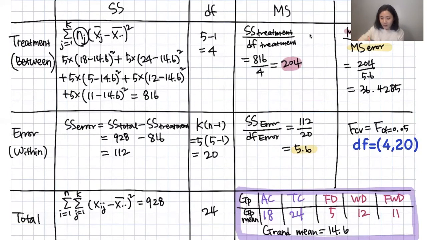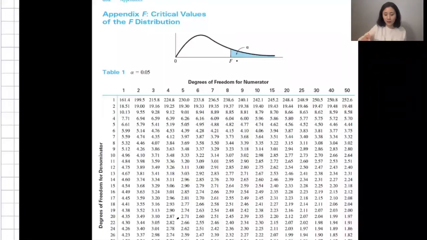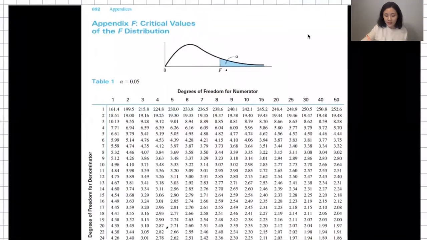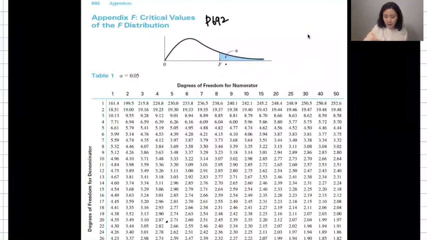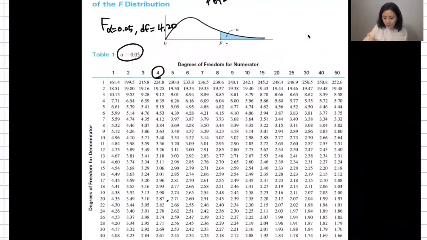are 4, 20. On page 692, we can find the F table. So we need to find F with alpha 0.05 and degrees of freedom 4, 20. We check the alpha, and 4 and 20.